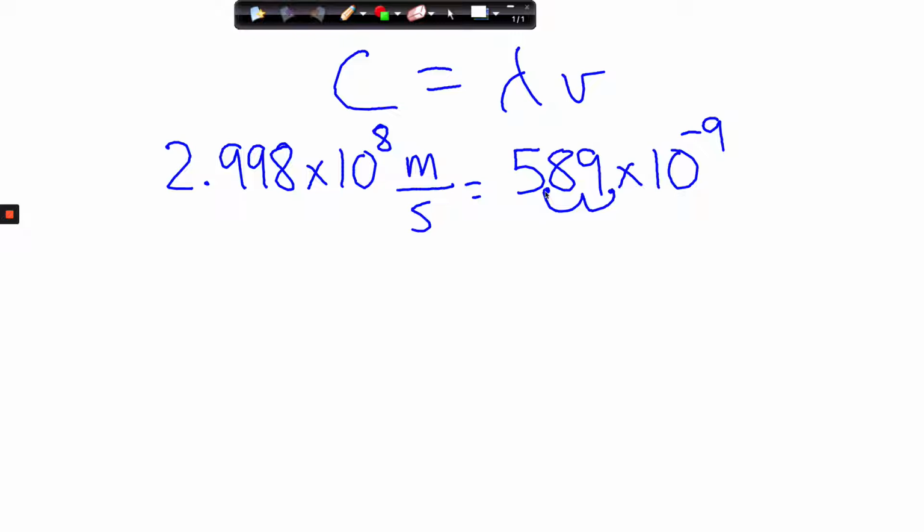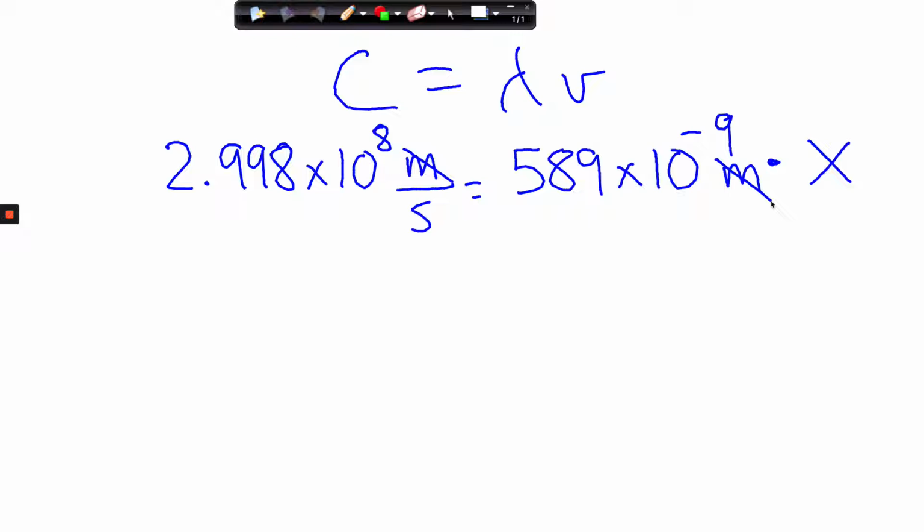I would strongly encourage you not to do that, because it's just a place to make a mistake. So leave it like this, and then you've got your x, which is your frequency, and this is meters. If you go through the math, the meters cancel, and you're left with inverse seconds, which is hertz.